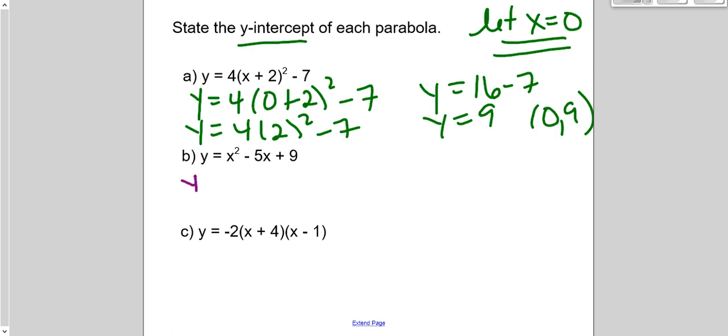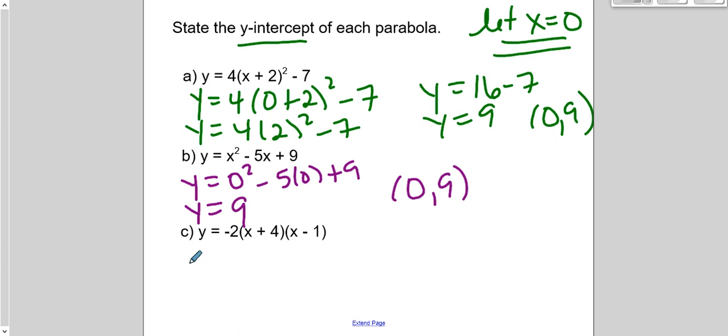For here, same thing, if I let all my x's be zeros, notice it takes them all away. So in standard form, whatever that constant number is at the end, that is going to be your y-intercept.